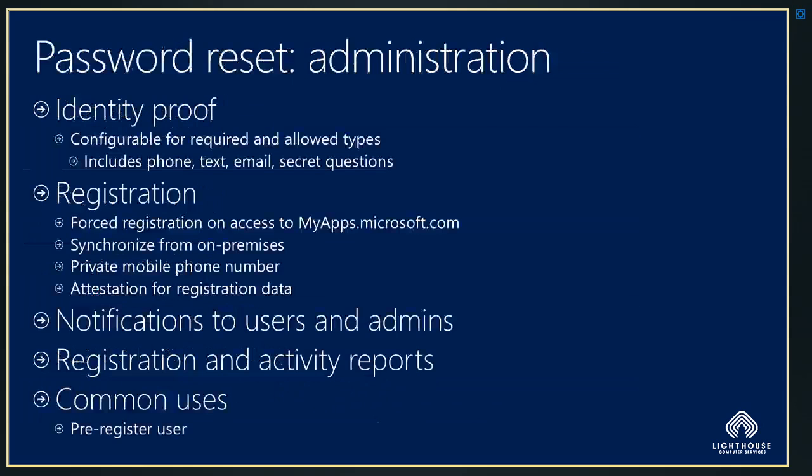From a password reset perspective, you can proof out. So this is where you can enable those choices. I showed you there's two ways you can do it to say how many proofs you want to set up. Right now, the choices are 1 or the maximum is 2. In order to reset the password, they have to do it.